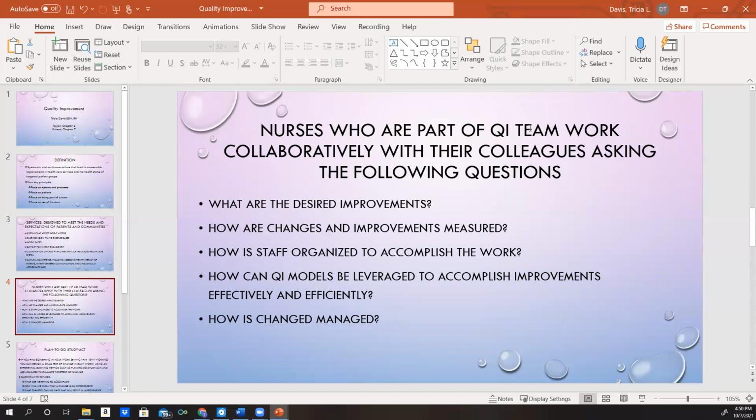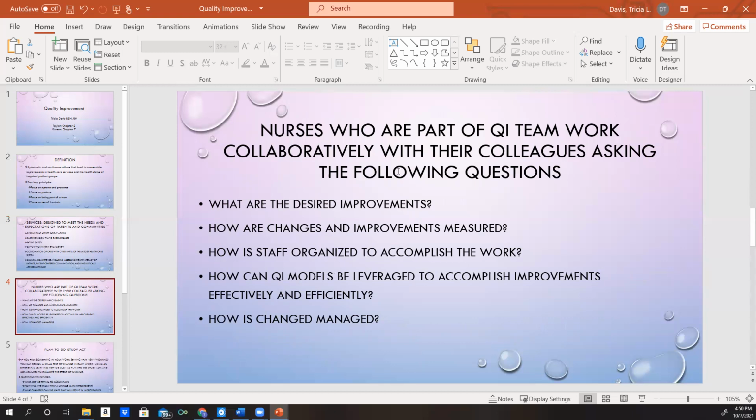So nurses who are part of a QI team, which is quality improvement, will work collaboratively with other colleagues and ask the following questions. We've talked about a couple of these. What are our desired improvements? So this is what's happening now. Nurses are giving handoff every day, but they're not at the patient's bedside. That could just be one topic. So what are our desired improvements?